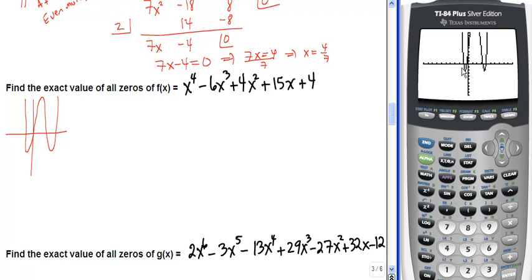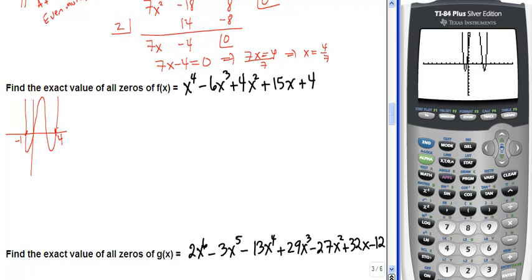And the leftmost 0, to me, looks like it's hitting at -1. The second 0, on my picture I have a bad graph here, but I have it showing that it's hitting at 0, but I think it's a little bit to the left of 0. And then this third 0 is hitting a little bit to the right of 3. And the 4th 0 looks like it's hitting right at 4.